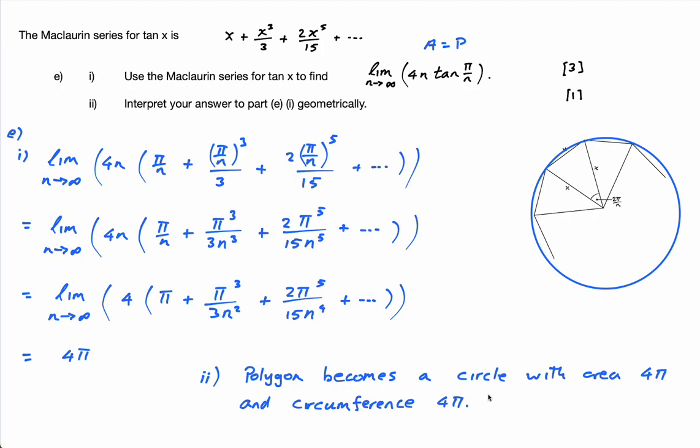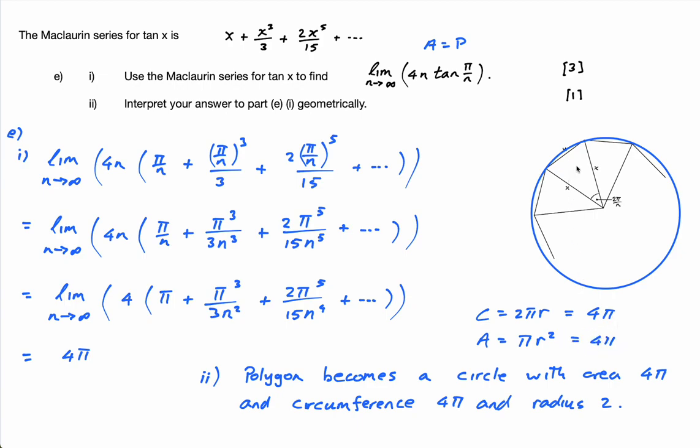Circumference 4 pi and radius 2, because obviously circumference is equal to 2 pi r, so 2 pi times 2 gives me my 4 pi, and it's also equal to, may as well add this in, pi r squared, and if r is 2, you're going to get 4 pi.